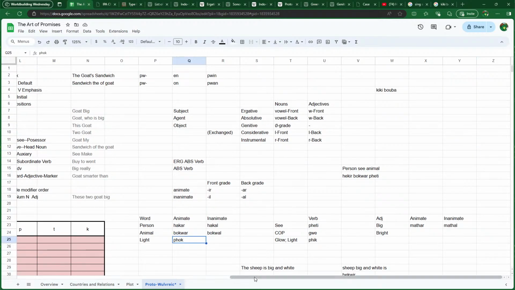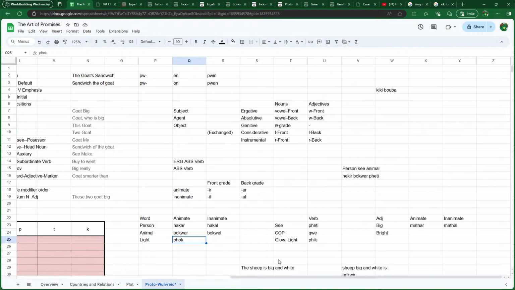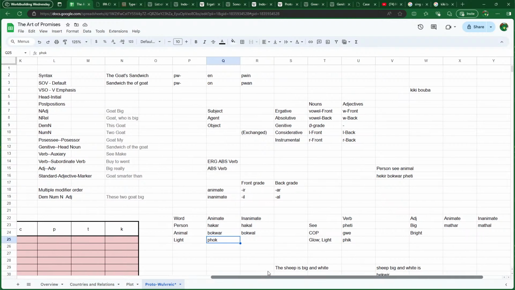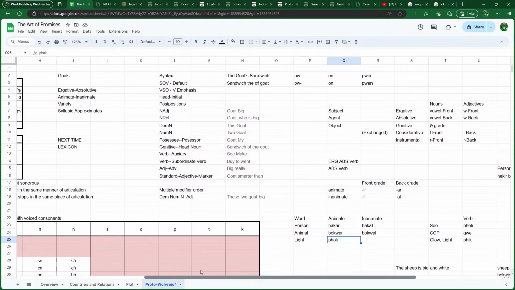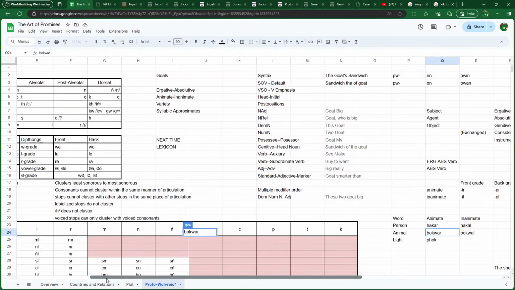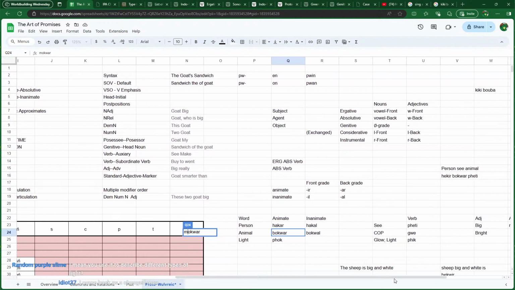But I also want that for stuff like light, like think sparkling or fire. Oh, I guess coming from fire. Book. Also, we can't have bookwar and bookwall, because it's not word initial. So, we have mokar, monka s.